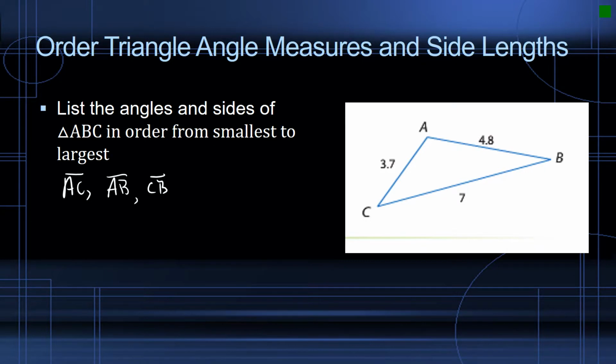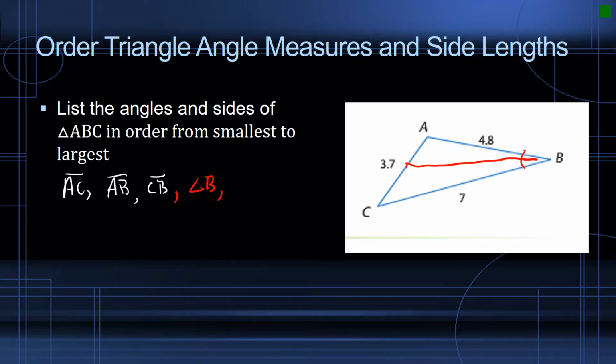Now, what does that mean about the angles? Well, if we're doing it from smallest to largest, segment AC is opposite angle B, and we've already determined that segment AC is the smallest, so angle B will be the smallest in this triangle.